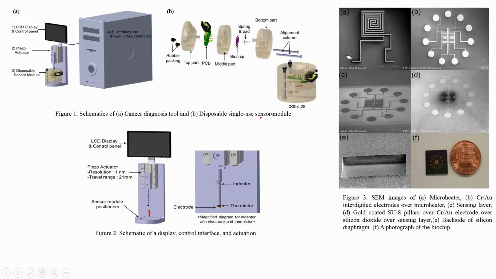So, if you see here, there is a top panel, there is a PCB, there is a middle part, here is our biochip, this biochip is this one, all right. Then there is a spring and there is a bottom part. When you put everything together, you have a cone in which you can place the tissue, all right. So, this is how it works.